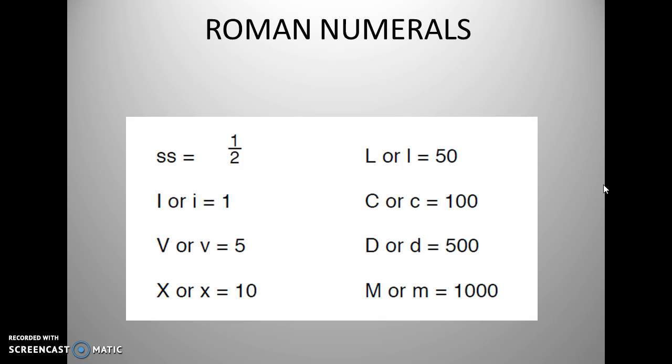And so some of the things that you see is SS, which means 1/2, I, which is 1, V, either capitalized or small, that's 5, and X, either capitalized or non-capitalized, is 10, L, capitalized or not, is 50, C, capitalized or not, 100, D, capitalized or not, 500, M, capitalized or not, is 1000.